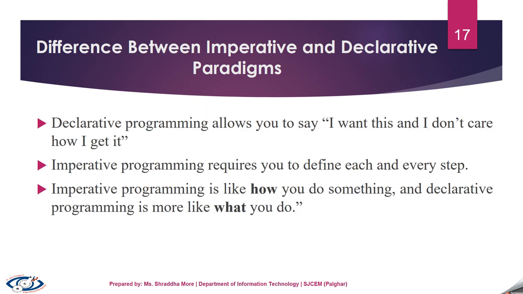Declarative programming allows you to say I want this and I don't care how I get it. On the other side, imperative programming requires you to define each and every step to do some task. Imperative programming is like how you do something and declarative programming is more like what you do.